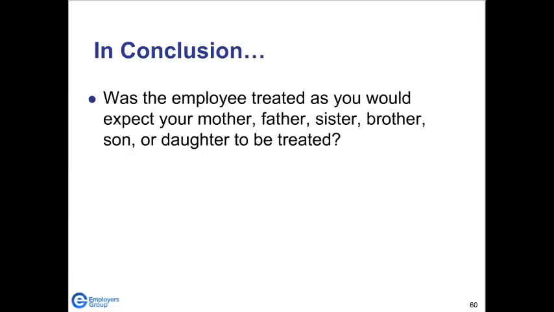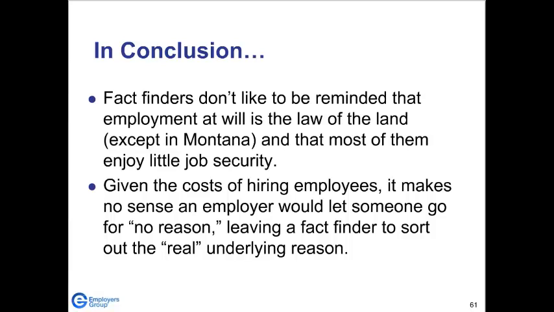And most of them themselves enjoy little job security. When you remind them that their employment status is as fragile as it is, that's not a great scenario.